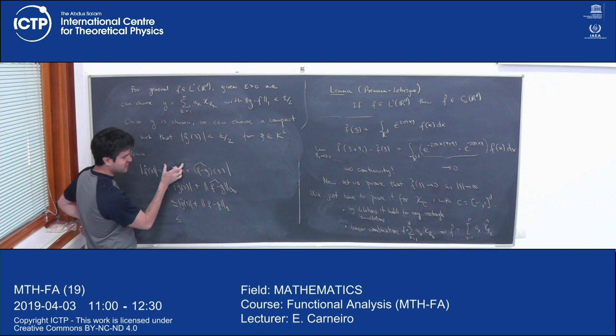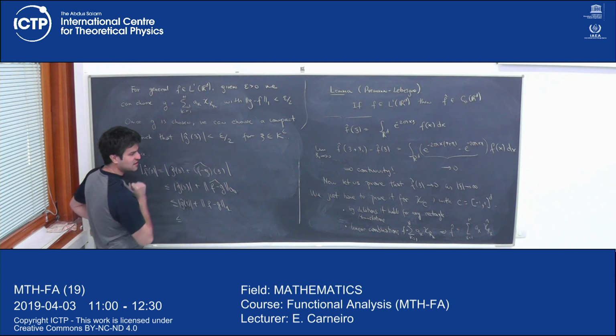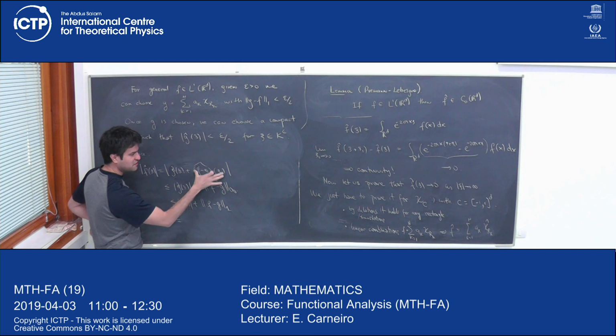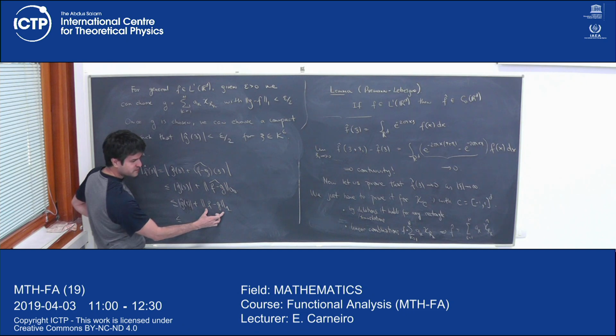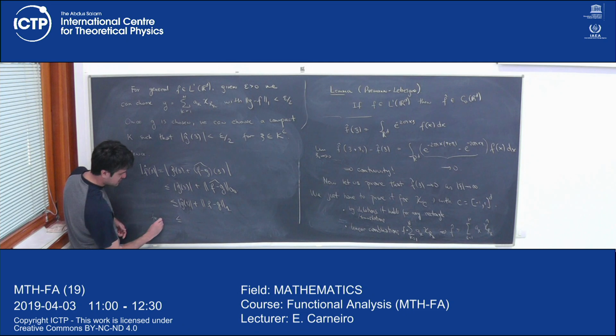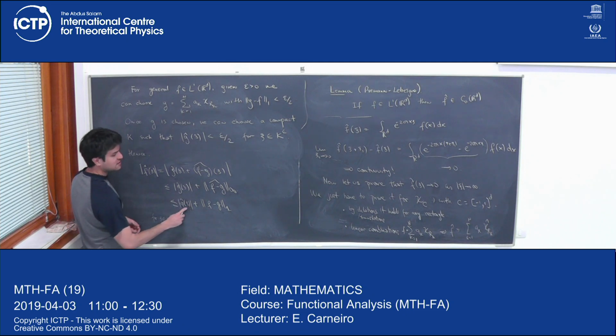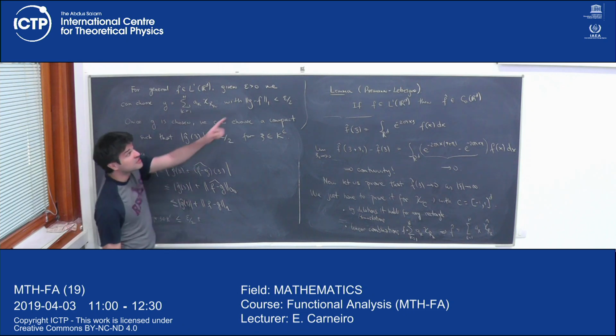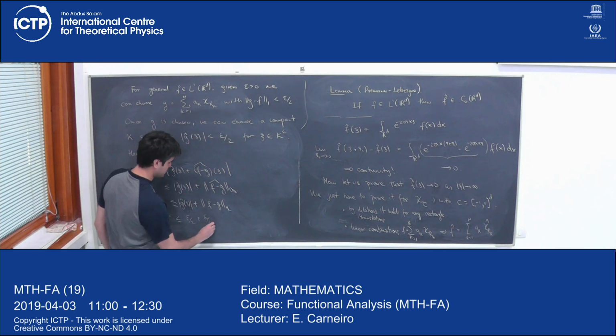I just now use the triangle inequality, so this is less than or equal to g hat of xi plus (f minus g) hat of xi. Now I'm using the L infinity norm. This is less than or equal to the L infinity norm of (f minus g) hat, which is less than or equal to the L1 norm of f minus g. Now, for xi outside this compact K, this g hat here will be less than epsilon over 2, and this guy by construction, we made it less than epsilon over 2.